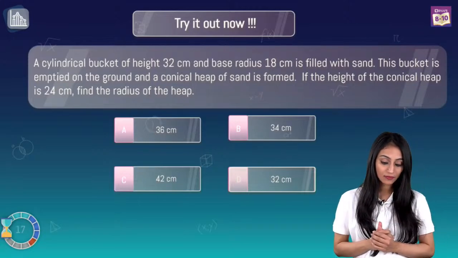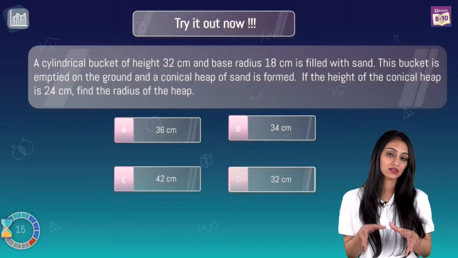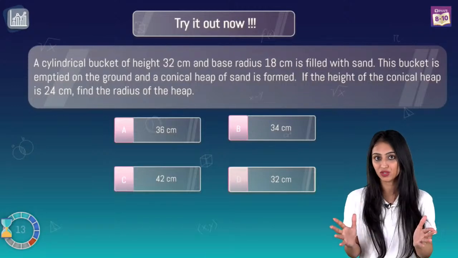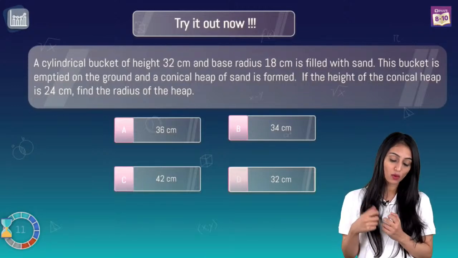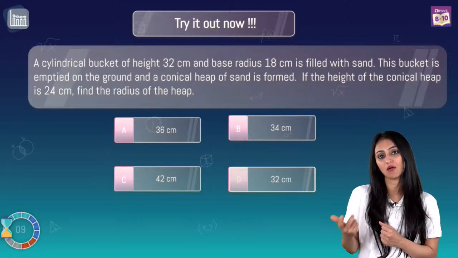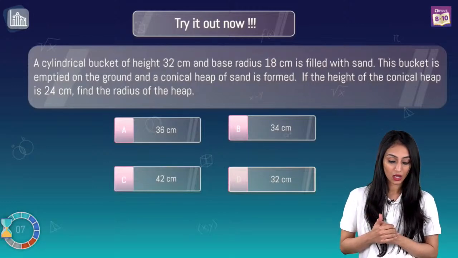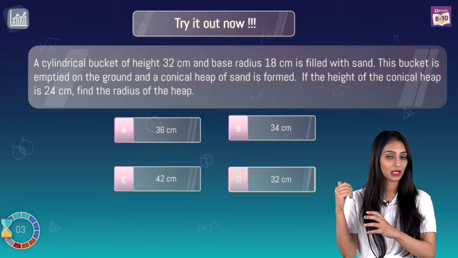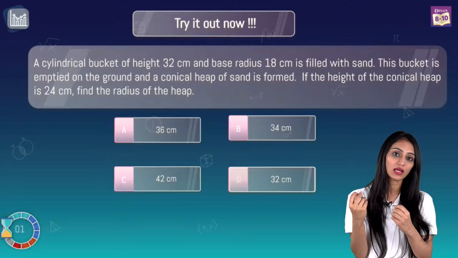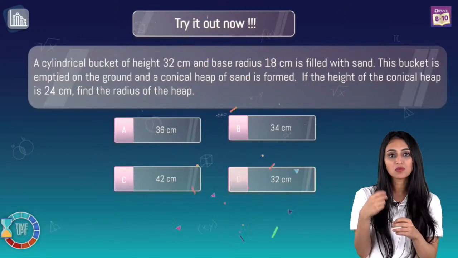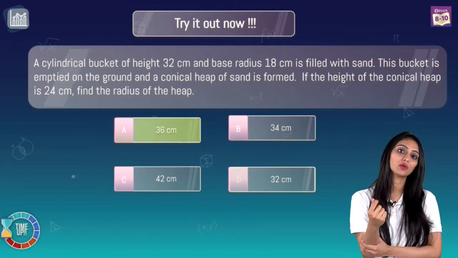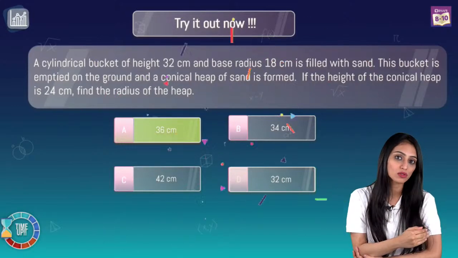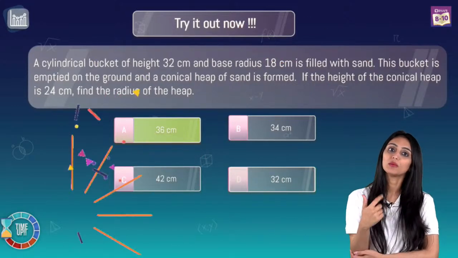Second thing, a chapter like surface areas and volumes is a very calculative chapter, right? So even if you know how to solve a question, you might end up getting a wrong answer due to some silly mistake. So small things that you need to know is like, I took common at the formula step only. These are small tips so that it reduces your time and calculation also becomes simpler.